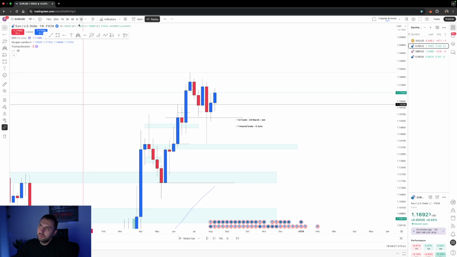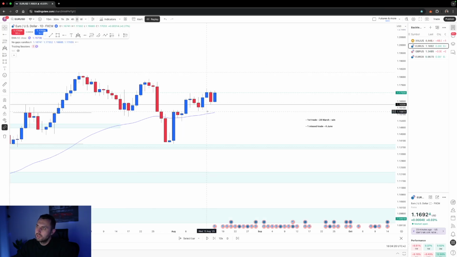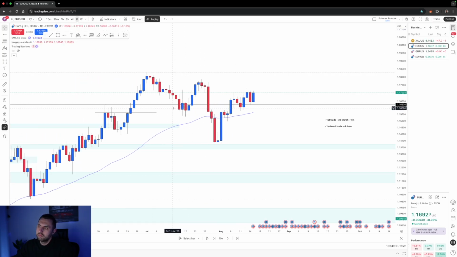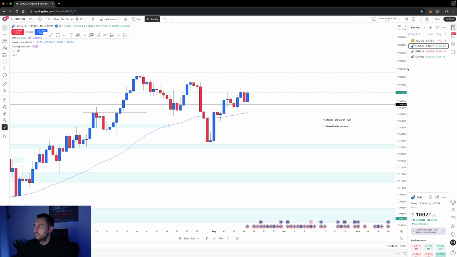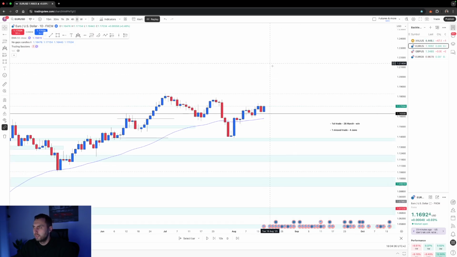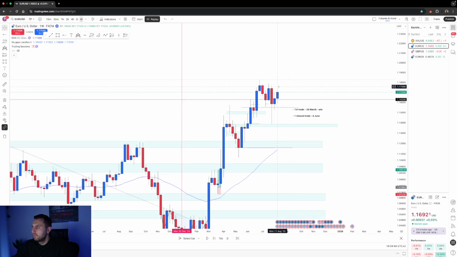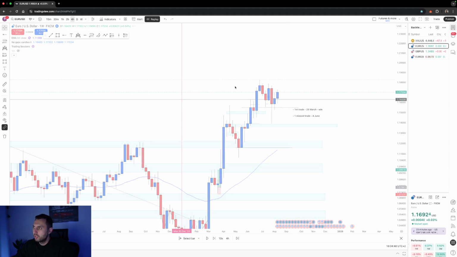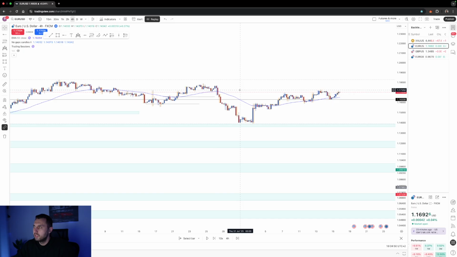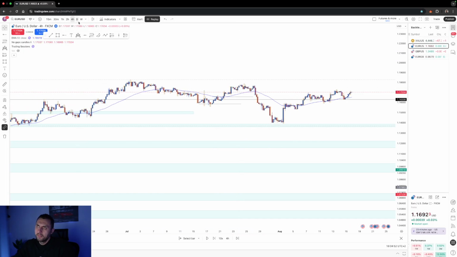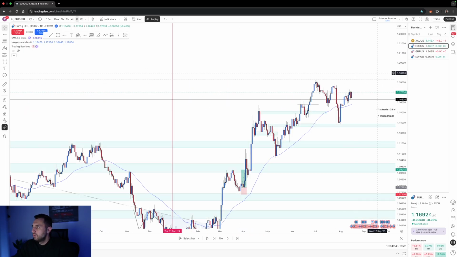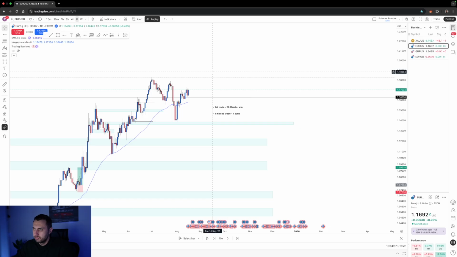So if we go to the daily, this is an ugly zone for me. It's like an ugly zone. I don't like it. Price here shifted bearish, as we can see on daily. Weekly is still looking like it's pushing up, and 4-hour is, let's see, it is bullish. So what we can do in this zone is to wait.